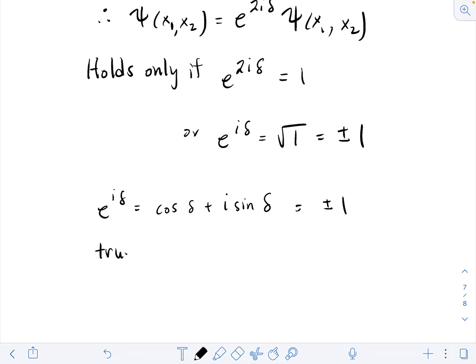This is true if delta equals 0 or pi, or any multiple of pi. Because if I put in 0, cos of 0 is 1, and sine of 0 is 0, so we get the plus 1. If I put in pi, cos of pi is minus 1, sine of pi is 0, so we get the minus 1 result.